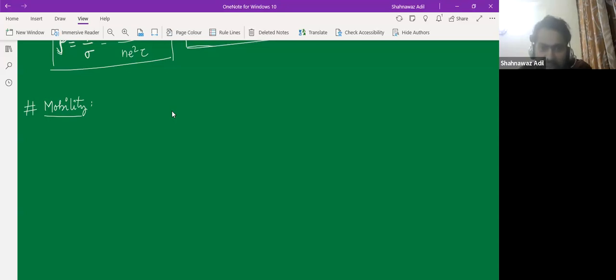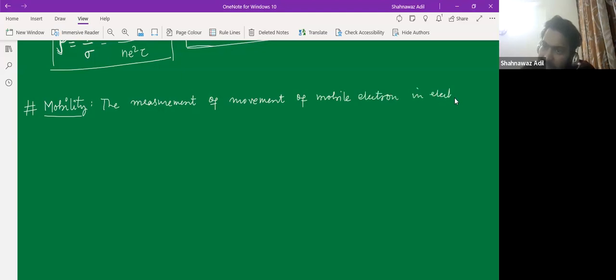So it is the measurement of the movement of mobile electrons in an electric field, right?